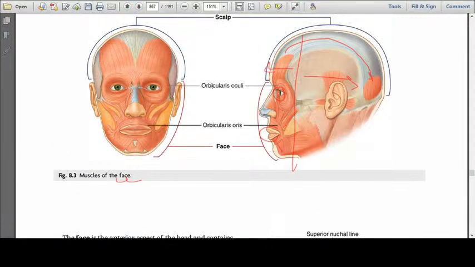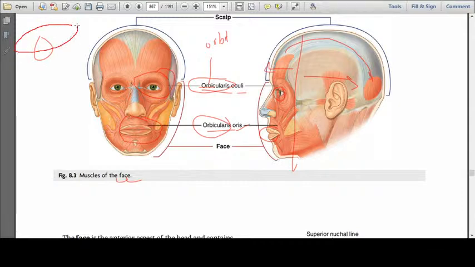Orbicularis oculi is a muscle that surrounds the eye, and orbicularis oris is the muscle that surrounds the mouth. This word orbicularis might come from orbit, as we know the orbit is circular in shape.